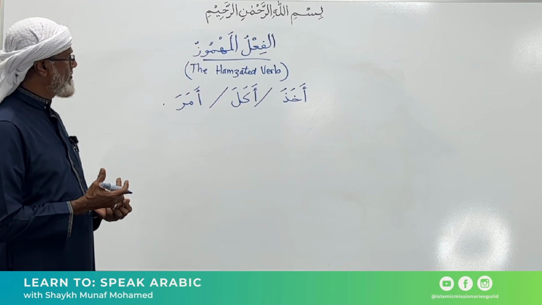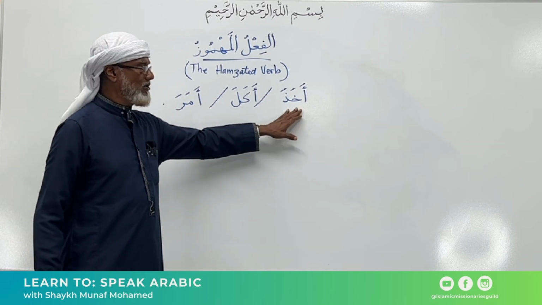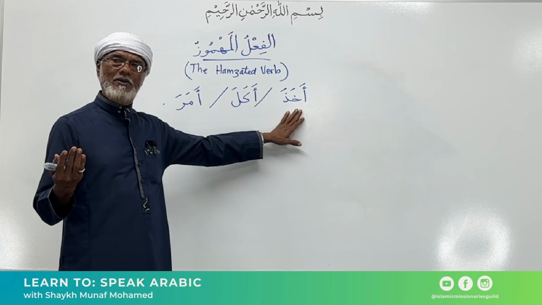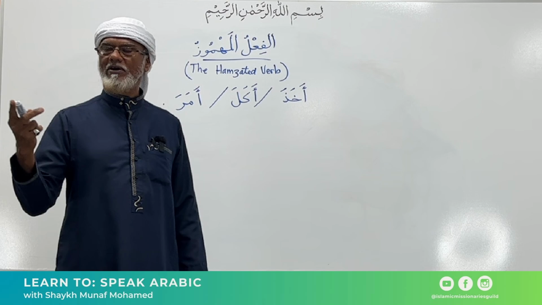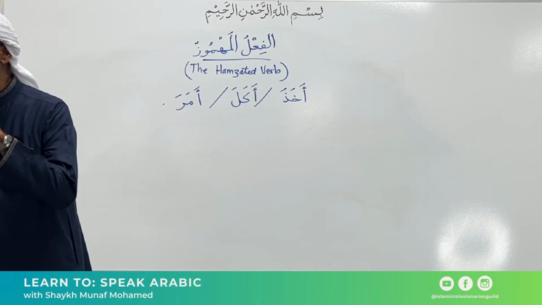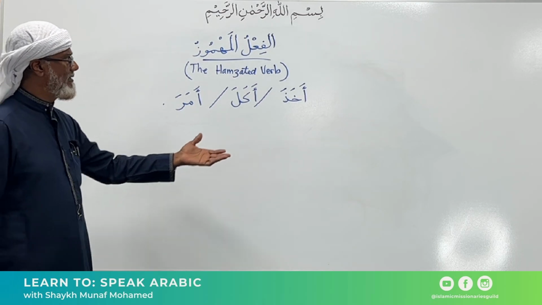Now, if we want to conjugate the verb, we say he, akhadha. She will be akhadhat. And then you, akhadhta. And feminine, akhadhti. And I will be what? Yes, akhadhtu. Nice.